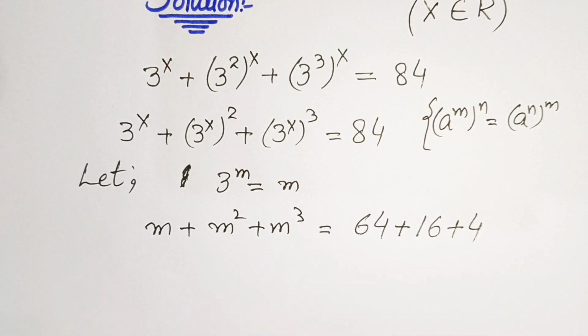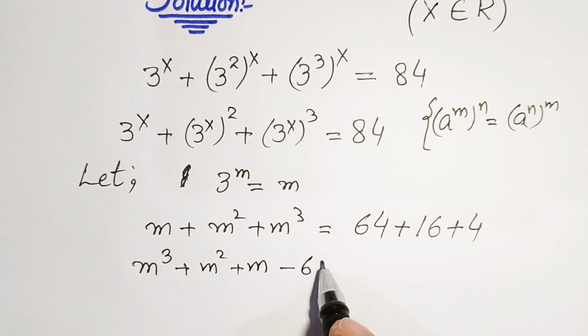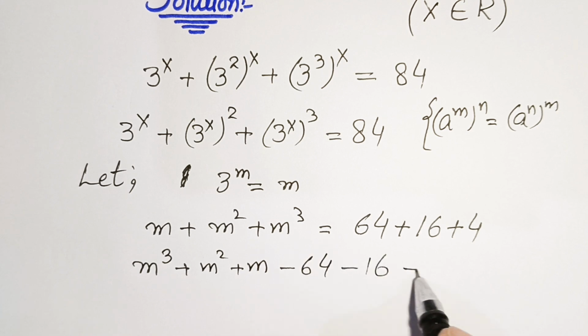Now shifting these expressions, we write m cubed first, then m squared, then plus m, and shifting we have minus 64 minus 16 minus 4 equal to 0.